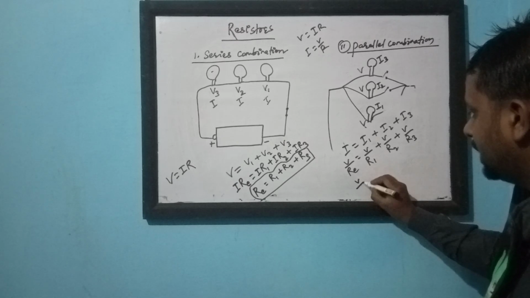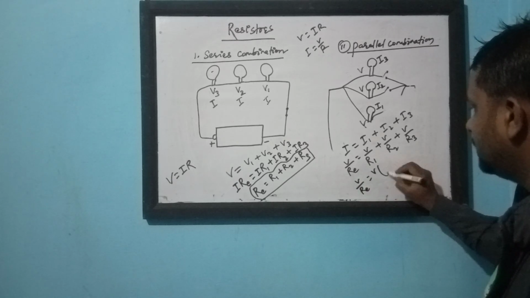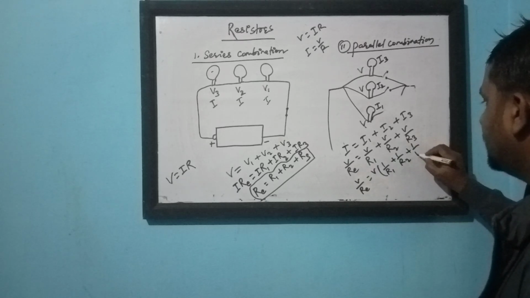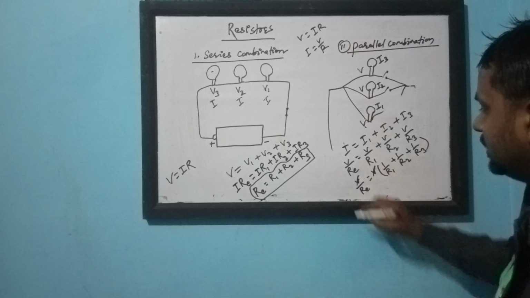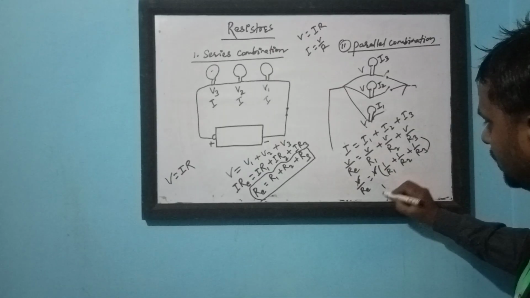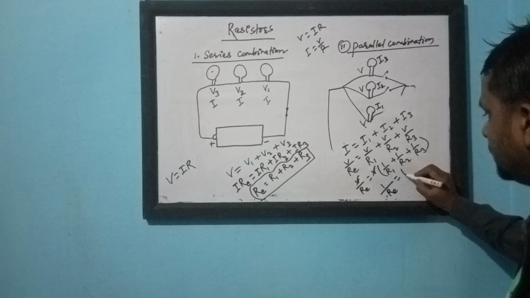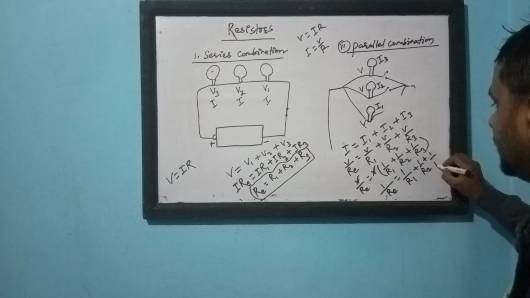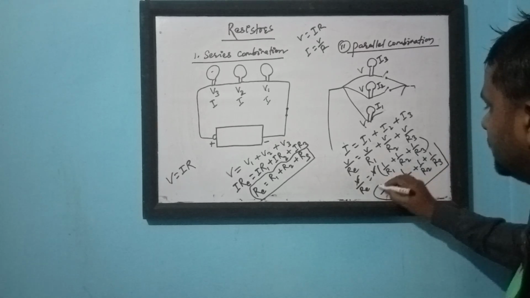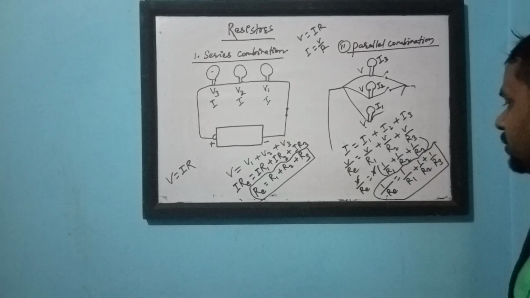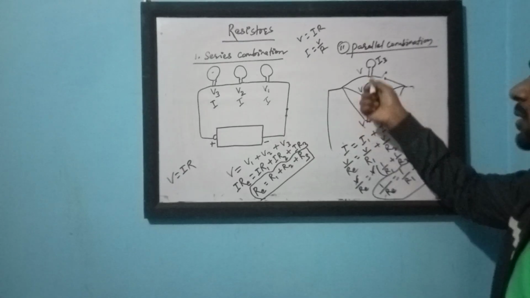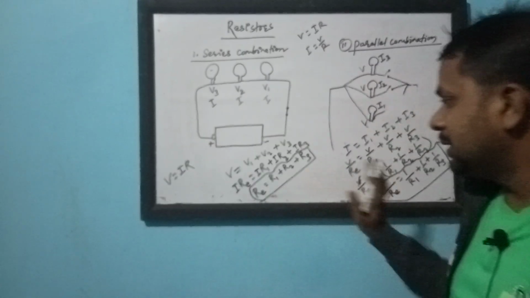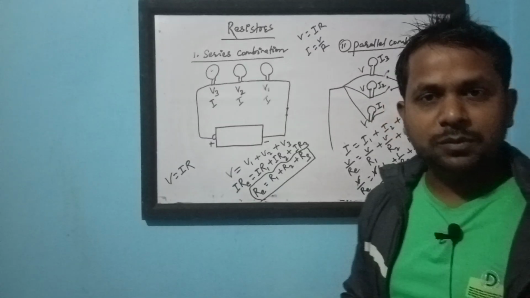So V by RE is equal to V times 1 by R1 plus 1 by R2 plus 1 by R3, and this V and this V can be cancelled, and 1 by RE is equal to 1 by R1 plus 1 by R2 plus 1 by R3. This is our formula to calculate the equivalent resistance across the parallel combination. Now, using this formula, we can calculate different types of numericals.